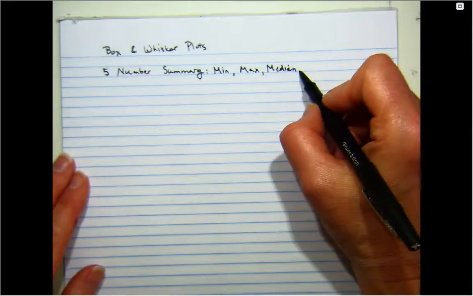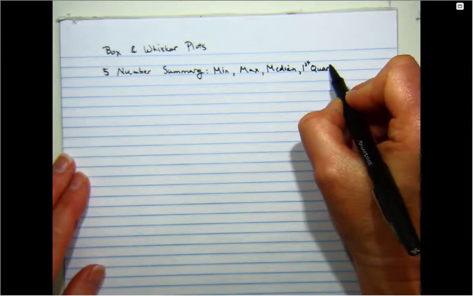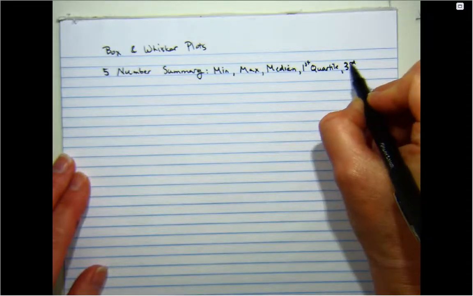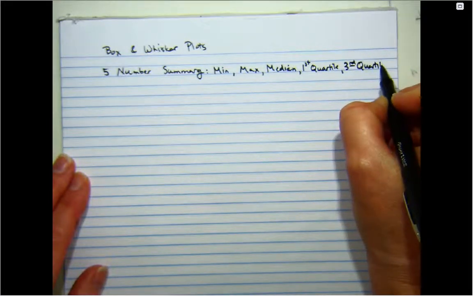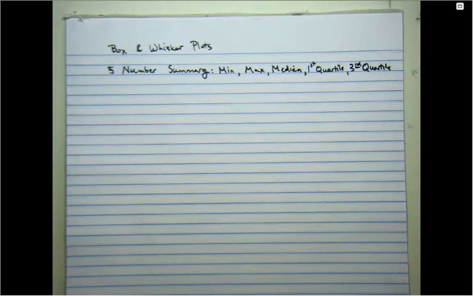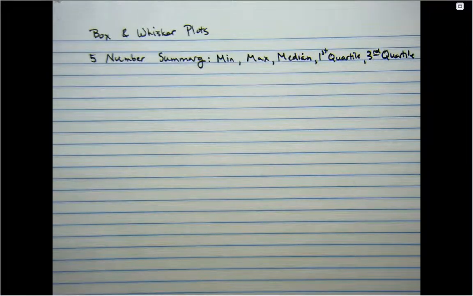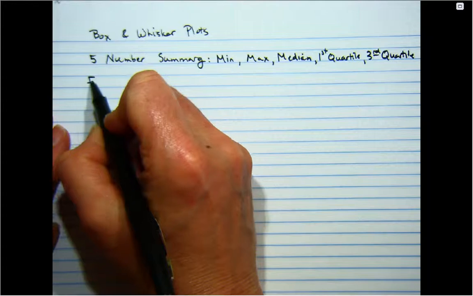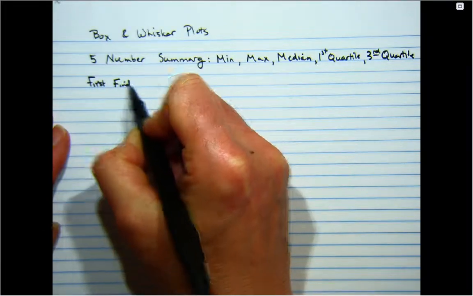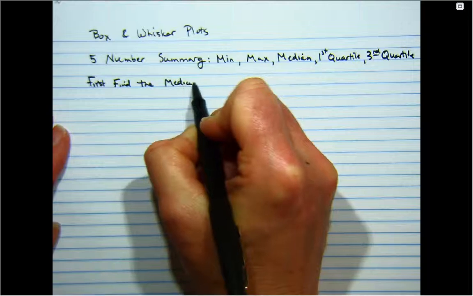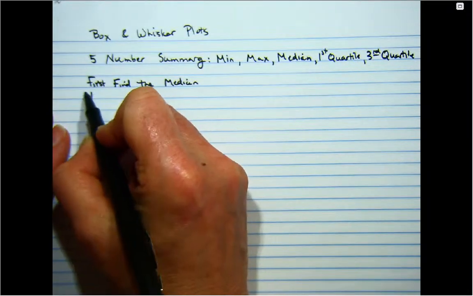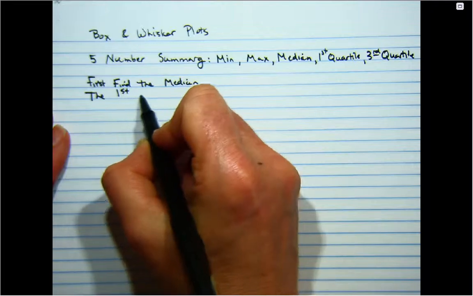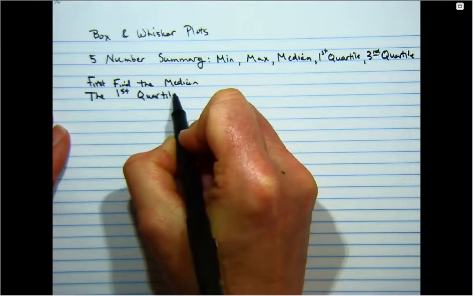And then you have the first quartile and the third quartile. Quartile just means quarter. So you have the first 25% of the data, and the third quartile would be 3/4 of the data. To find the quartiles, first find the median.